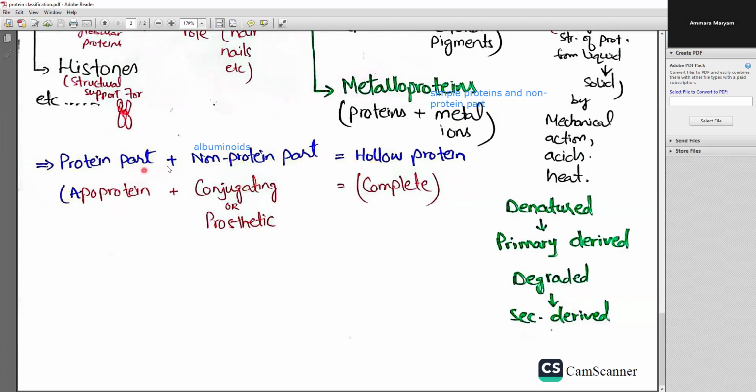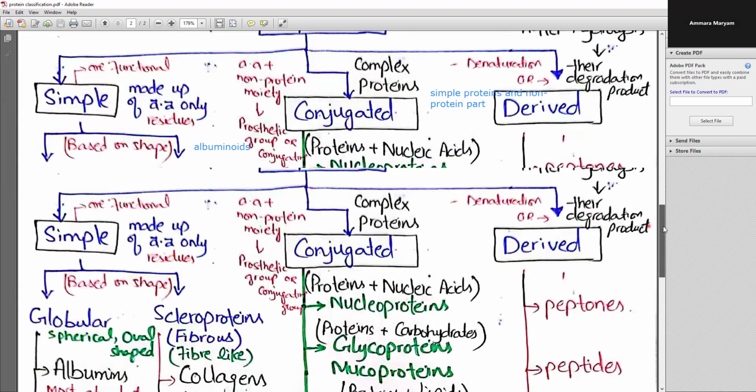And when these both moieties, the apoprotein and a conjugating or a prosthetic group, join, ठीक है, तो इससे that are going to make a holoprotein, जिसको हम कह रहे हैं कि इससे फिर एक complete functional protein basically बनती है. ठीक है. सो दे मेक अप द कॉन्जुगेटेड प्रोटीन्स, जिसमें आ जाता है कि हमारे पास सिंपल प्रोटीन एंड कॉन्जुगेटेड प्रोटीन्स. Next is the third category, the derived proteins.